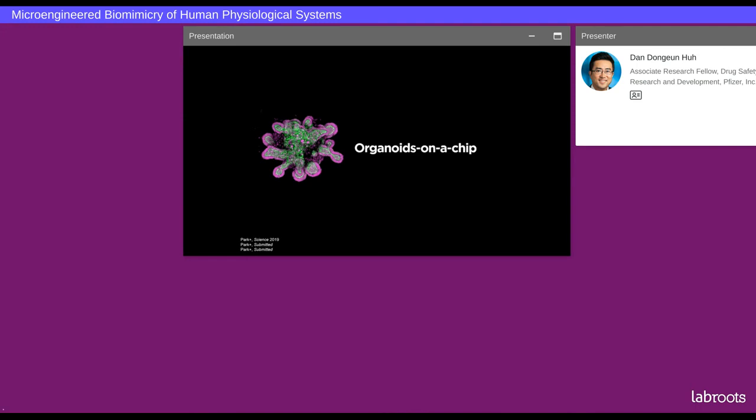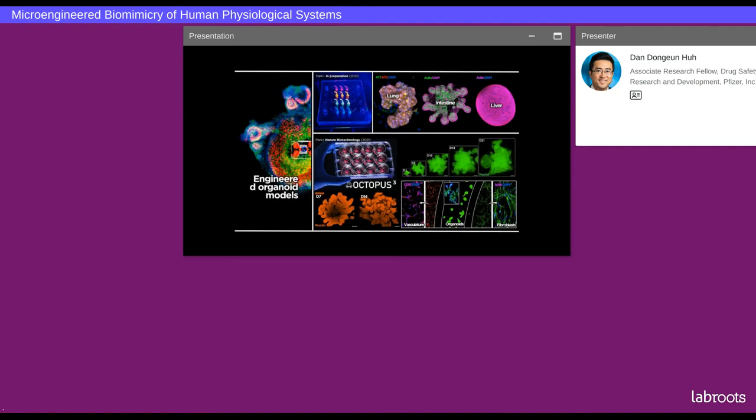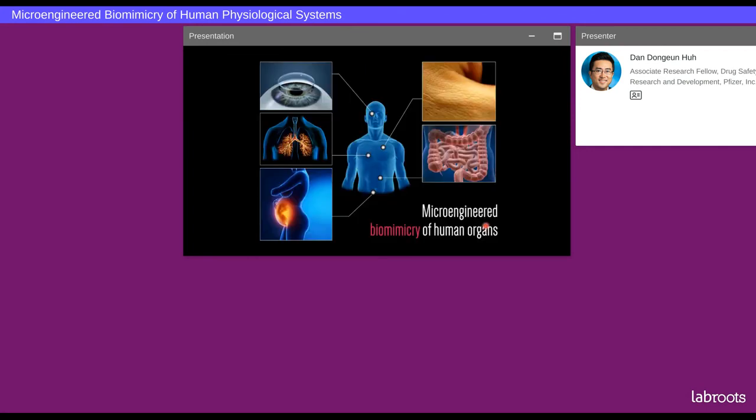Unfortunately, I don't have time to talk about organoid-on-a-chip technology, but in my lab, we're also developing microengineered platforms for the purposes of culturing and maintaining and also engineering various types of organoids. And again, I'm happy to tell you more about these model systems offline if you're interested. Just to summarize, this is what we do. We actually focus on developing microengineered models of human physiological systems, healthy and diseased human tissues and organs.